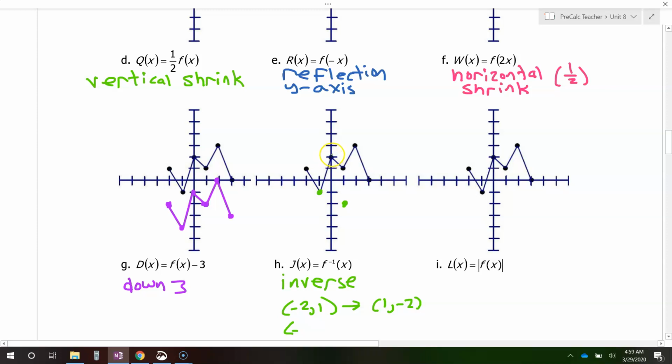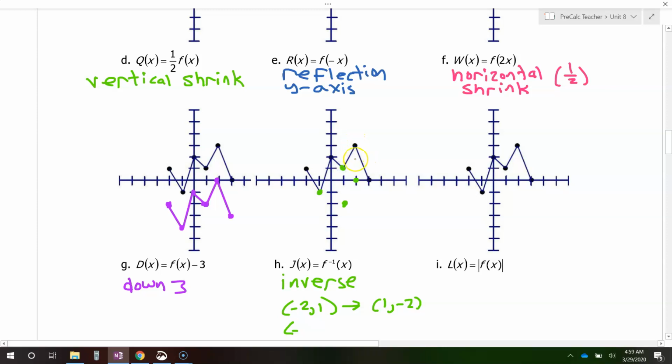Okay, this is the point 0, 1. So it should be, okay, this is the point 0, 2. So it should become 2, 0. This is the point 1, 1, so it'll stay 1, 1.